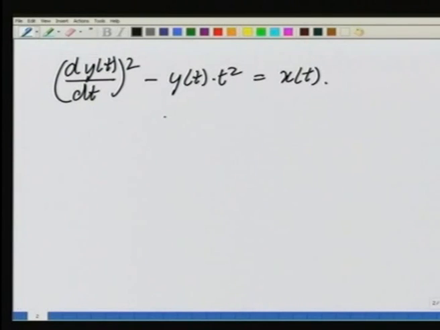So, these are examples of a general differential equation, and our interest in differential equations is to solve them. So, what does it mean to solve a differential equation?